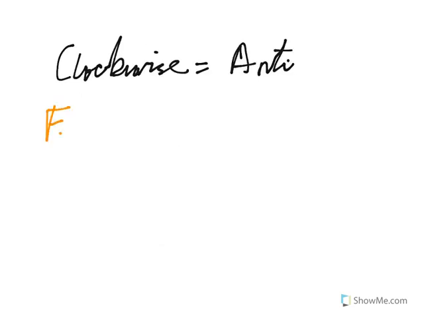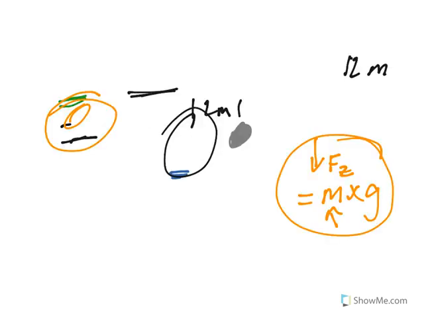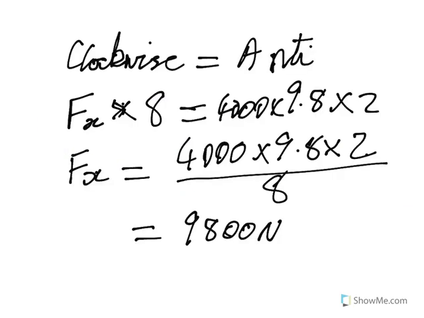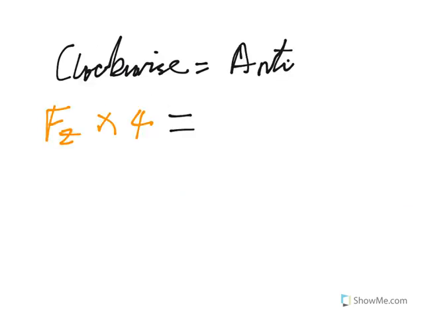So F at point Z times the distance, and Z hangs over 4 meters, equals the anti-clockwise torque, and that's this one here again, that weight. That weight's 4,000 times 9.8, and it hangs over 2 meters from Y.